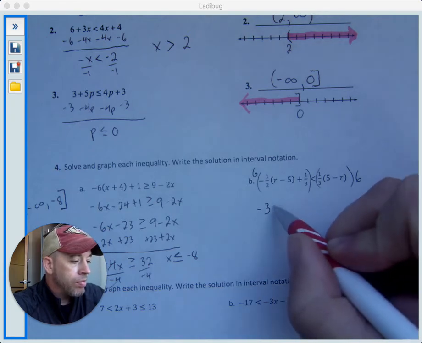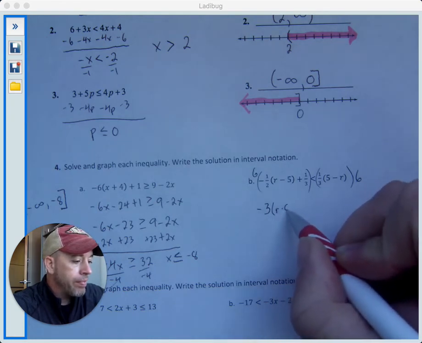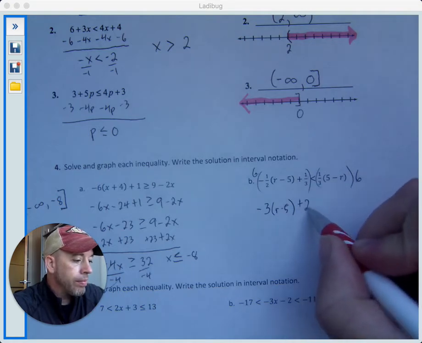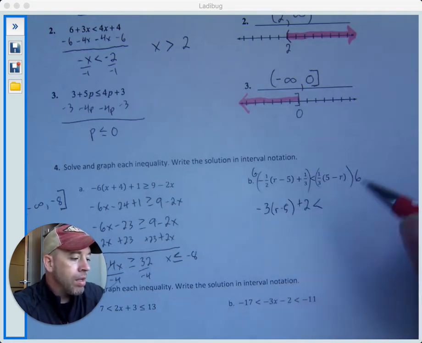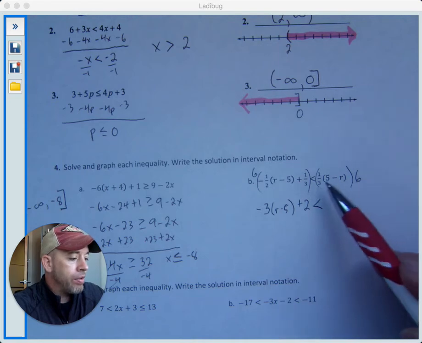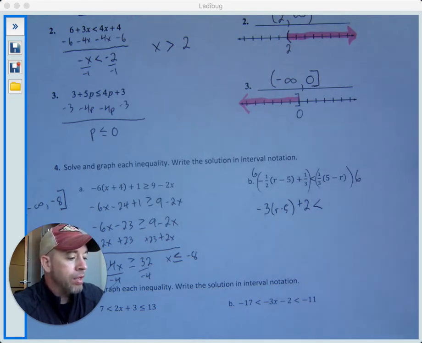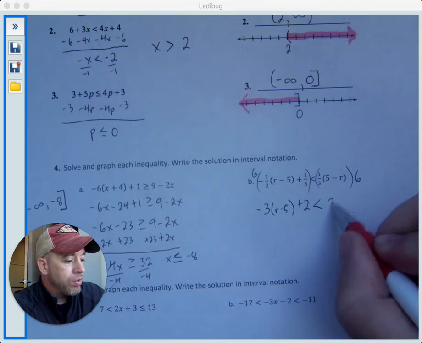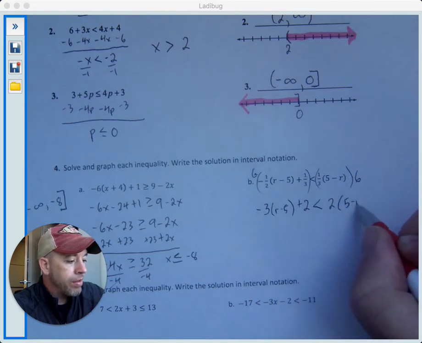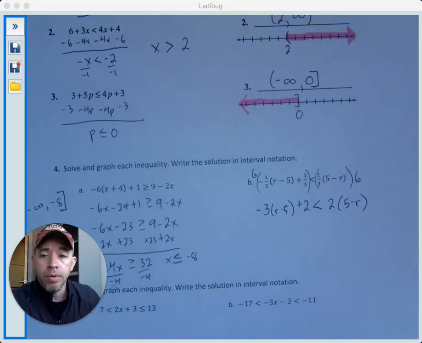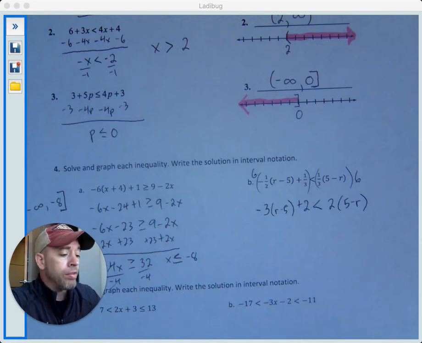We have -3 times r minus 5. 6 times 1/3 gives me 2. On this side of the inequality, we have 1/3 times 5 minus r, so we can multiply the 6 times the 1/3. That gives me a 2 times 5 minus r. Alright, so now we have an inequality with no fractions, which makes it a little easier to work with.